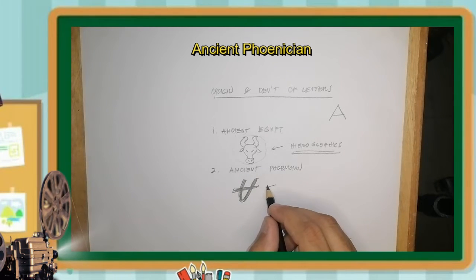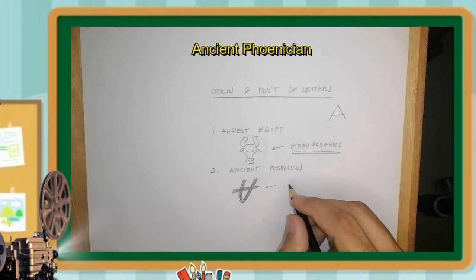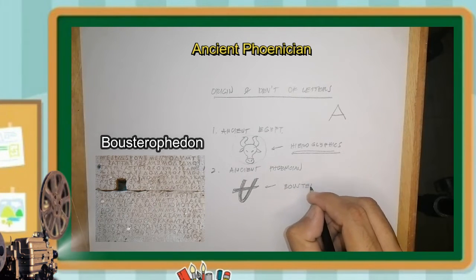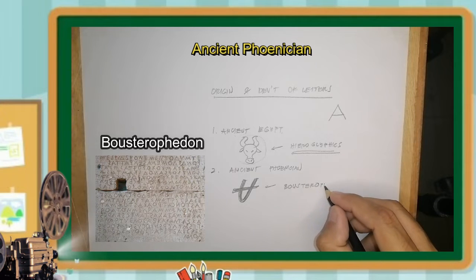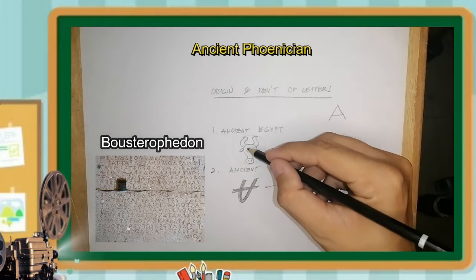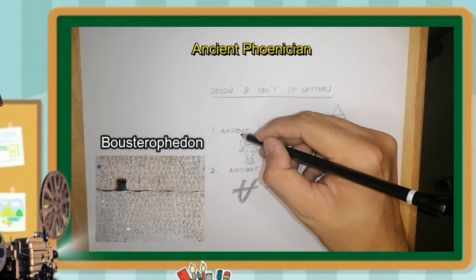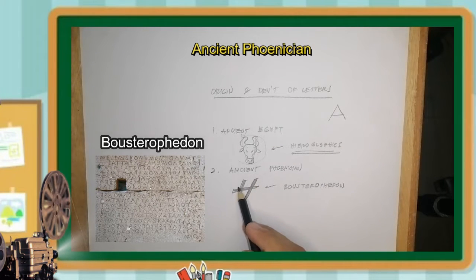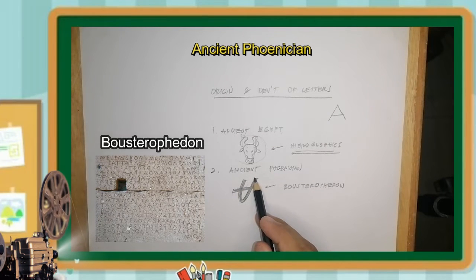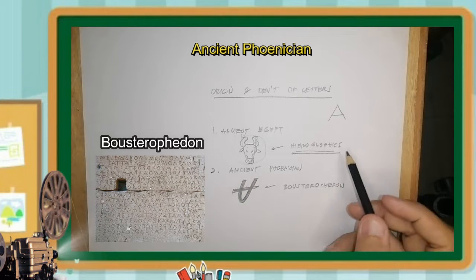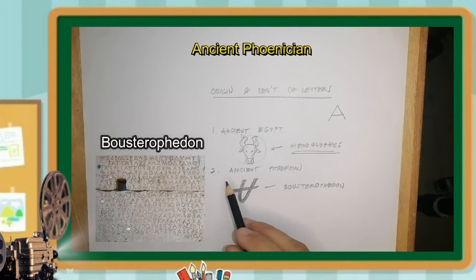This form of writing of the ancient Phoenician is what we call the boustrophedon. So kung makikita natin, yung ox natin, parang nilagyan na ng letter A. Binaliktad lang nila. Ito yung sungay, ito yung tenga. Yun nga lang, it is in the form of wedge-shaped like letters. So this is the letter A of the ancient Phoenician.